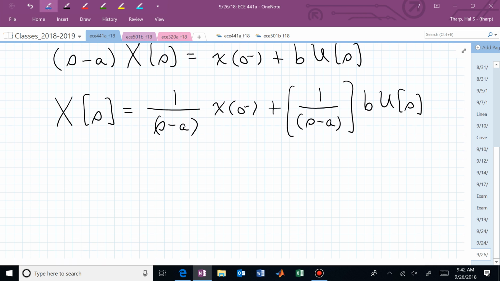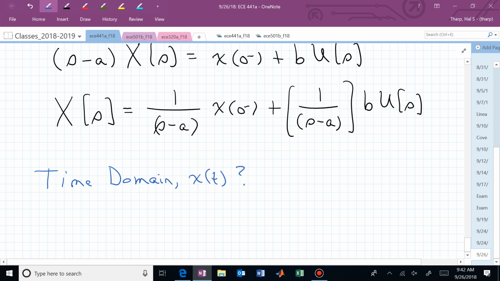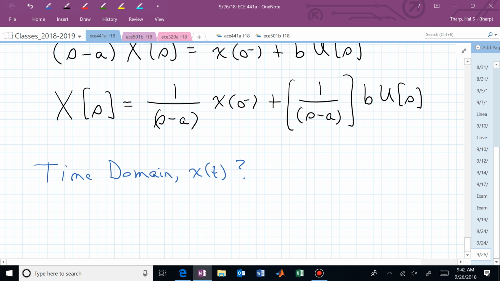What does this look like in the time domain? I have this expression for capital X of s written as a sum of two pieces. And I want to now inverse Laplace transform capital X of s. I can inverse Laplace transform those two pieces separately.